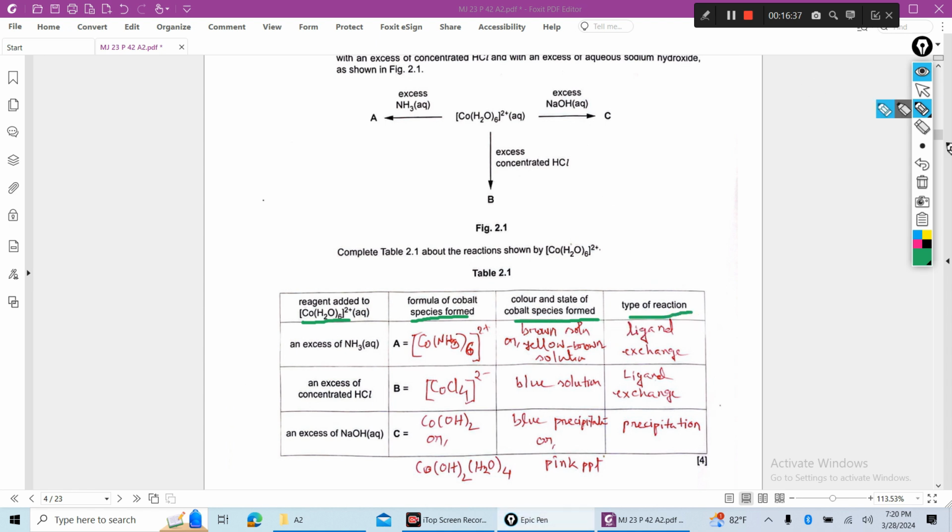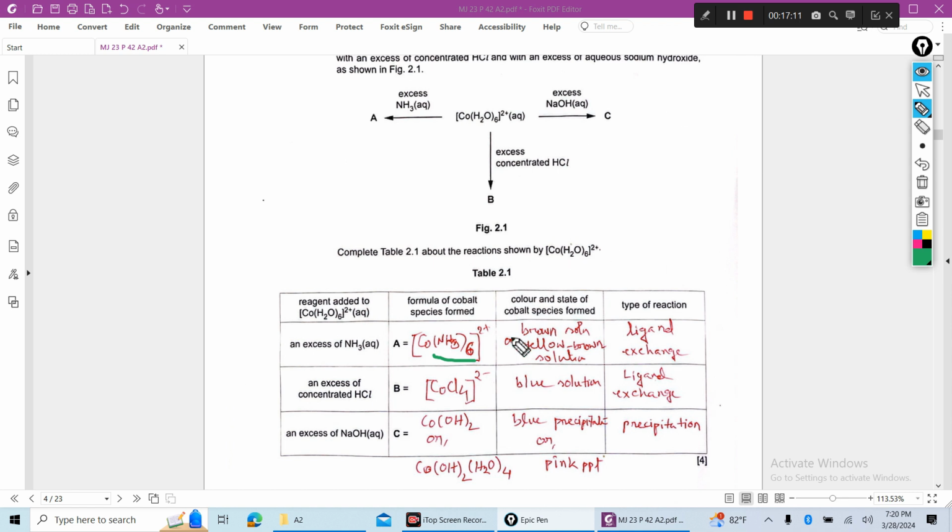and the type of reaction. Now you see, first an excess of ammonia: the 6 water ligands will be substituted by 6 ammonia ligands. So the A product will be hexaamine cobalt 2. 6 water ligands will be replaced by 6 ammonia ligands, so this name will be hexaamine cobalt 2.